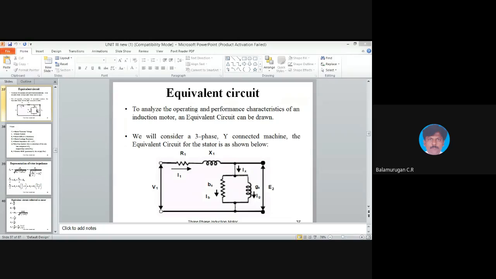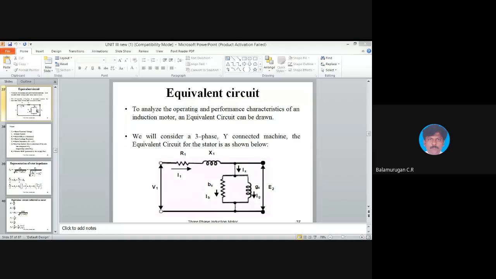Here you can substitute the PM value available above. So PM is equal to 3 I2 double dash squared R2 dash into 1 by S minus 1, and this will be equal to 2 pi N TG by 60.